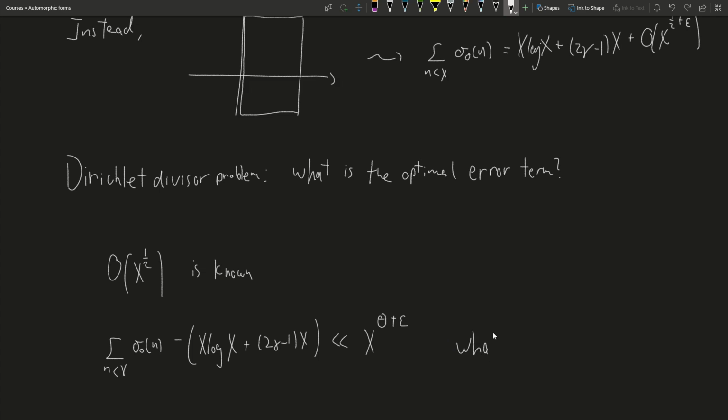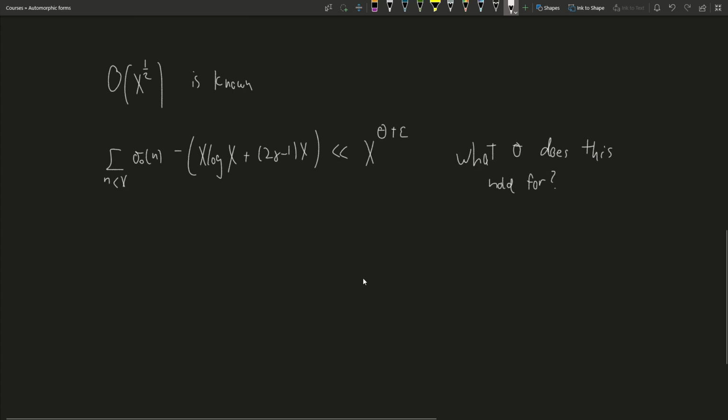And you can ask what theta does this hold for. And so we know that it holds for theta is 1/2.